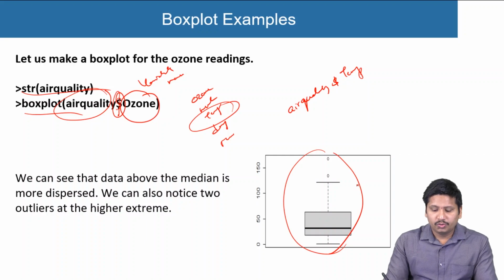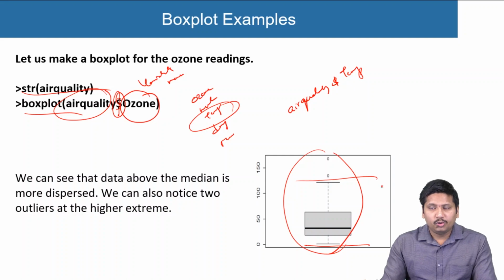You can see the median is more dispersed, and you can also notice two or more outliers and the higher extreme. This is the lower extreme value and this is the higher extreme value. Like this we can construct a box plot chart for any kind of data set instead of a histogram.